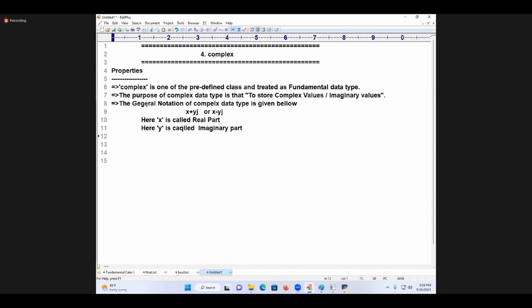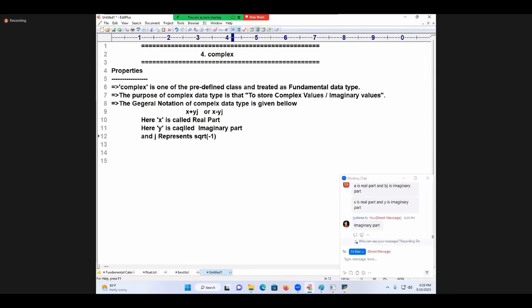And j represents the square root of -1, because I cannot write the symbolic notation in the notepad, students. So you can understand, I hope so.